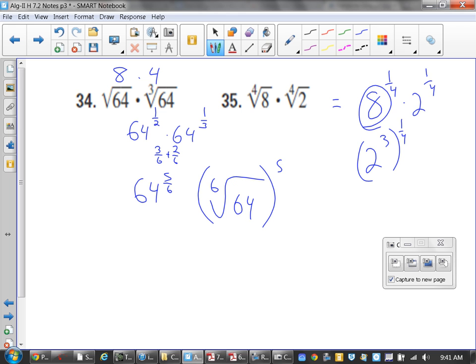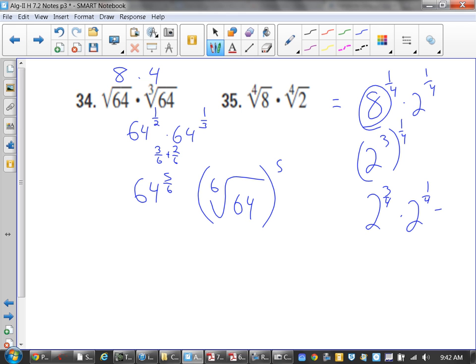We okay with that? What's the next step to write that as? Good. So now I have 2 to the 3/4 times 2 to the 1/4. Same base, different exponents, as you're multiplying, you add them together. What's 3/4 and a fourth? 1.